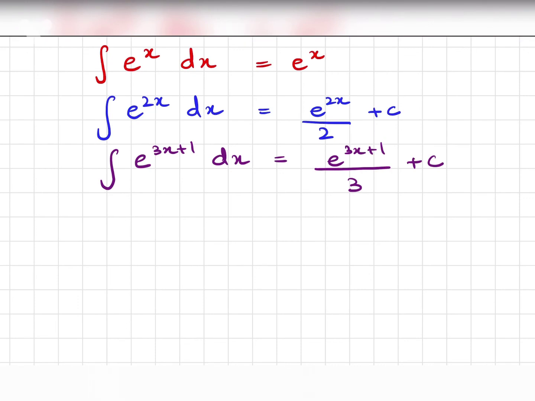Easy. How about this? We have to integrate 2e to the power 4x plus 1 dx. So you will just write the same thing down, divided by 4 plus c.